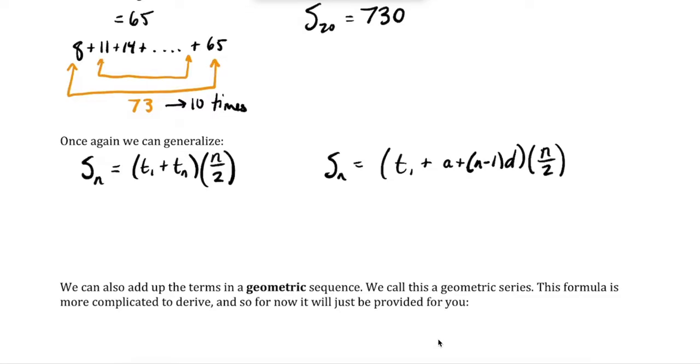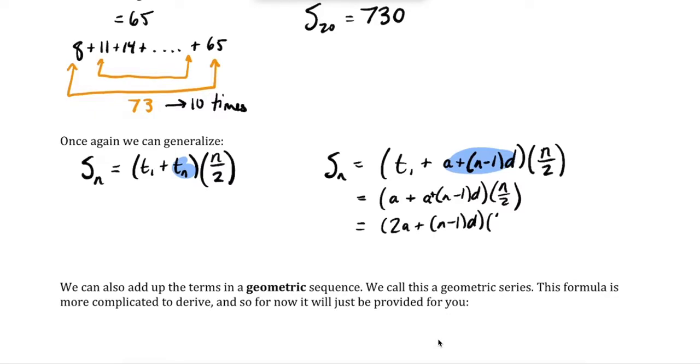And so we can pre-sub in our Tn formula if we would like. T1 can also be represented with the letter A. So we can say that this is actually A plus n minus 1 times d, times n over 2. Or 2A plus n minus 1 times d, times n over 2.